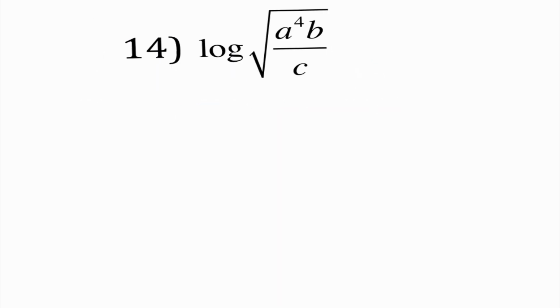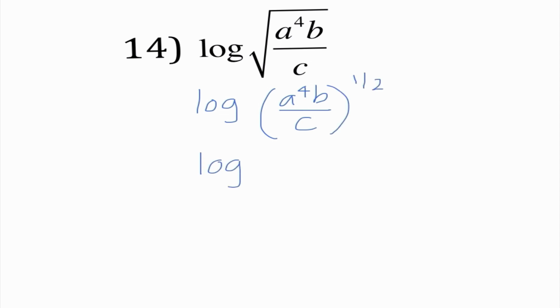14, we notice that we have a square root of this entire thing. So the first thing that I'm going to do is I'm going to think of this as a to the fourth b over c to the 1/2 power, which would become a squared b to the 1/2 over c to the 1/2.